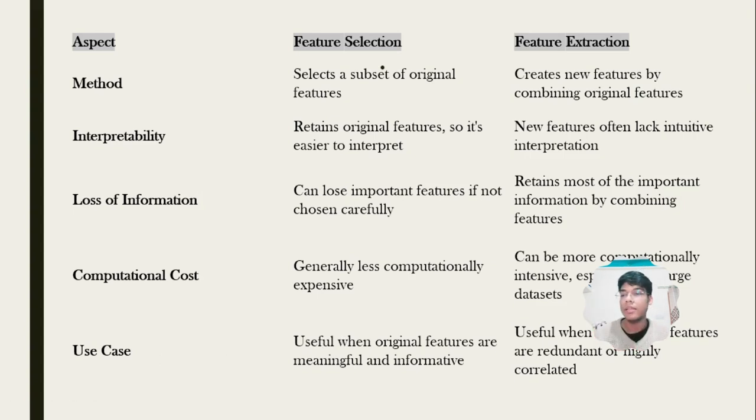The use case of feature selection is when original features are meaningful and informative, but feature extraction is most useful when the original features are redundant or highly correlated.